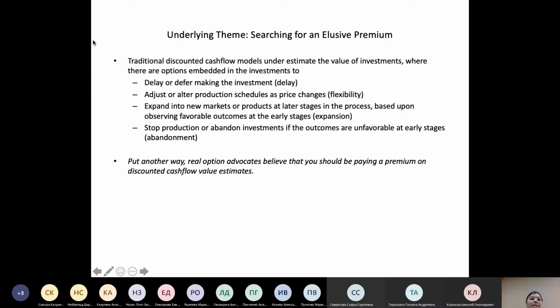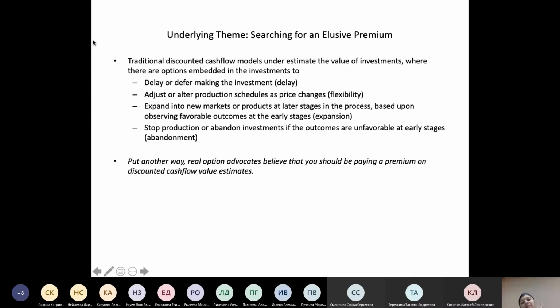As another example of real options, our company has the opportunity to stop production and abandon or leave investments if the outcomes are not favorable at early stages. And as a kind of option, it will be the option to abandon the project.